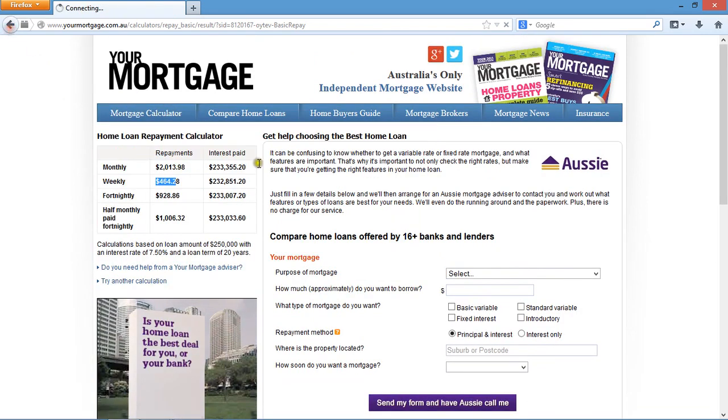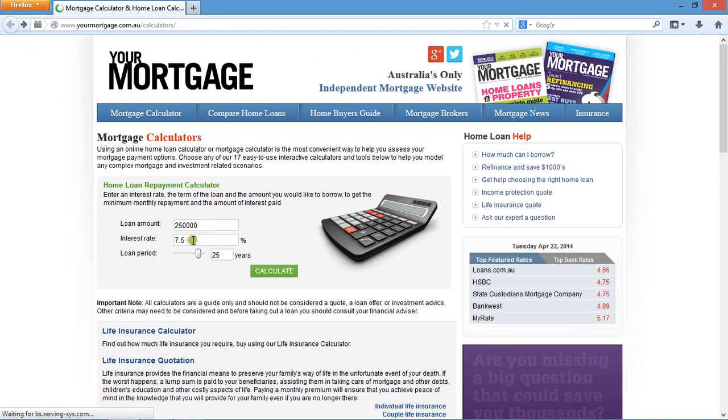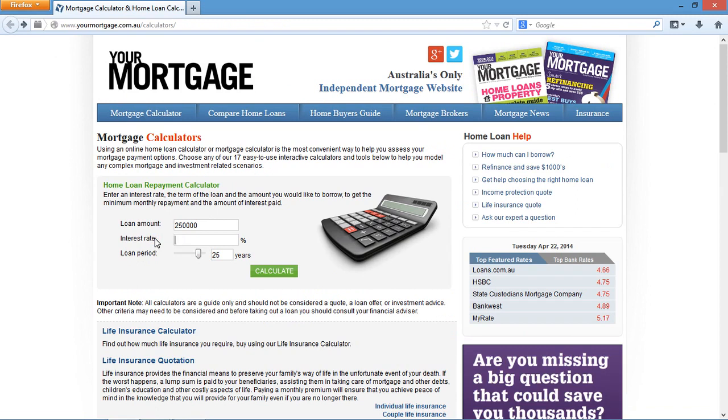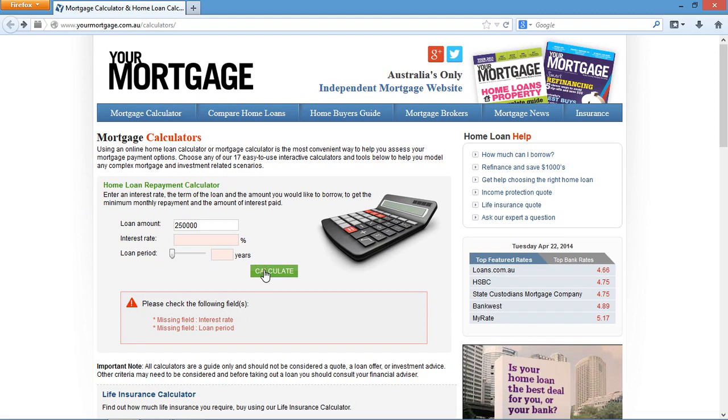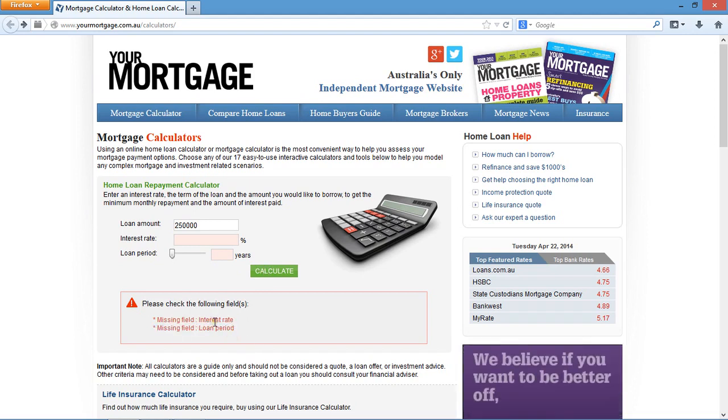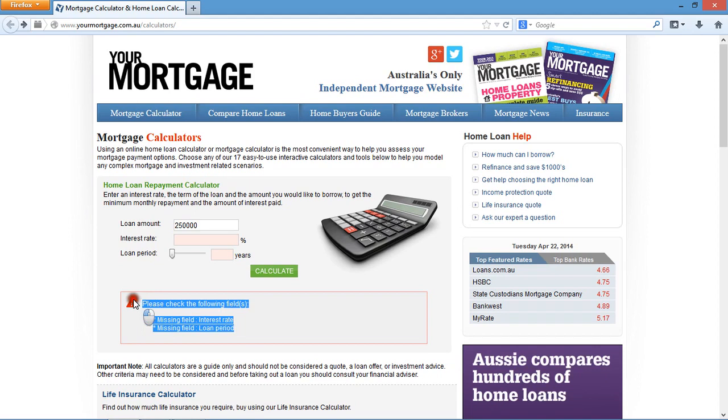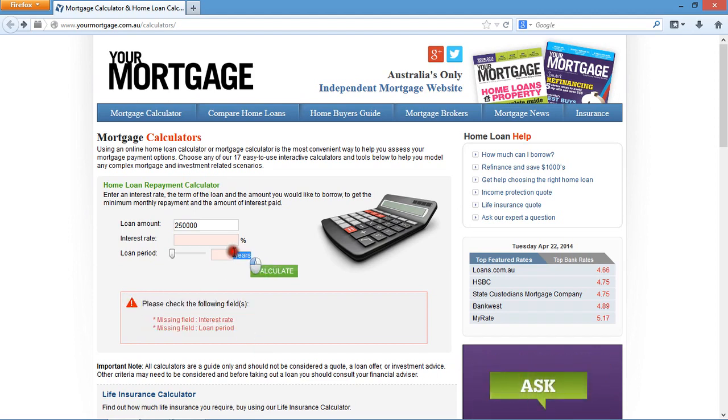But if you go back and do not enter this, it should say missing field interest rate. If you remove years, it should give you an error: missing field interest rate, missing field loan period. So these are the outcomes.